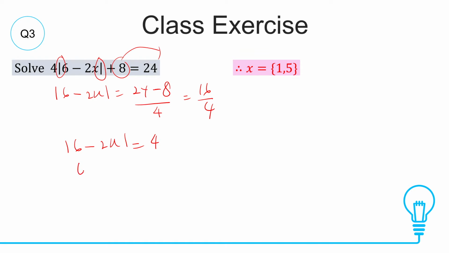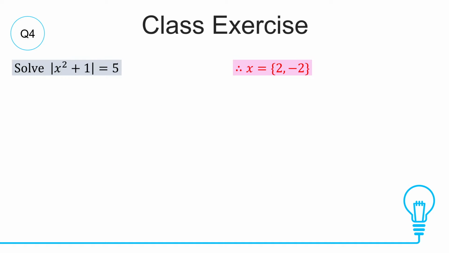Then when I want to break this one, 6 minus 2x equals 4, or 6 minus 2x equals negative 4. And then 2x equals 2, x equals 1, and 2x equals 10, x equals 5. And since there is no x on the other side, we no need to do the checking.